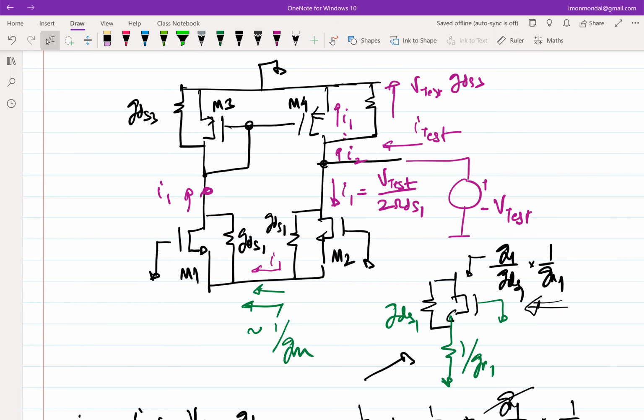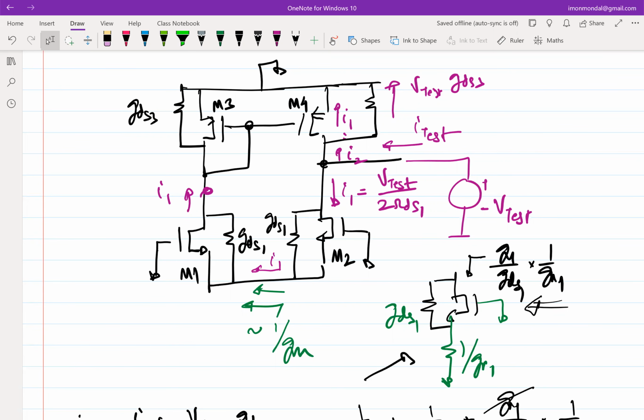Is there any case where GDS of a transistor is comparable to GM of another? It depends on you. If you bias it like that, it can. In all cases here, we are assuming GM is much greater than GDS. The impedance looking up is 1 by GM3, which is very small.